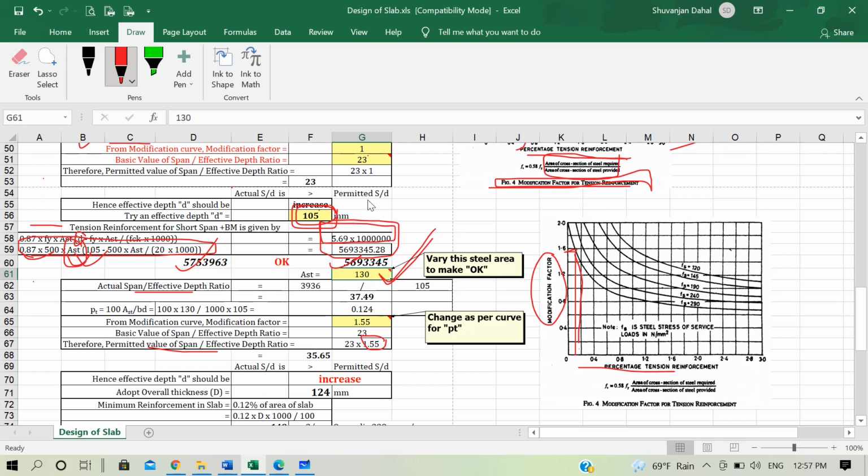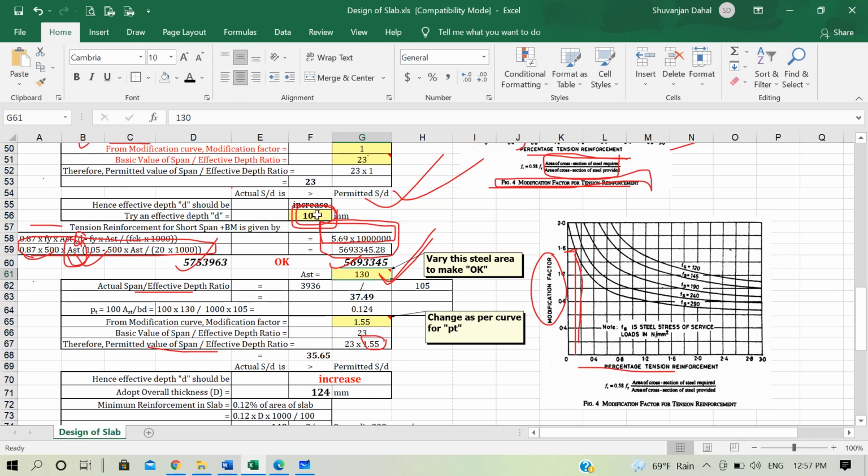So I'm again going to our first part, and instead of 105, I'm using 100, and let's use 110.